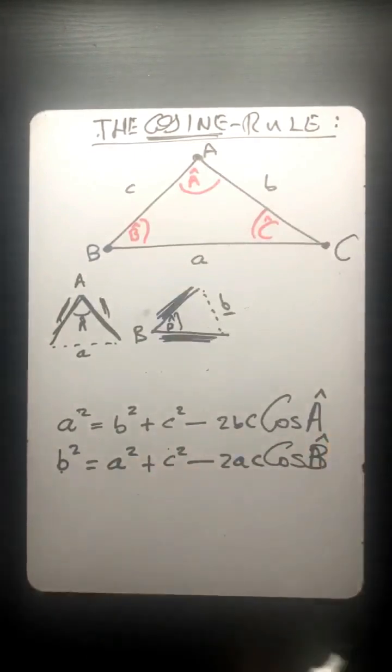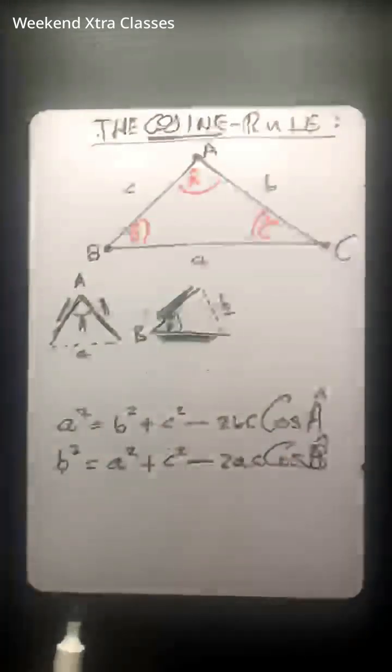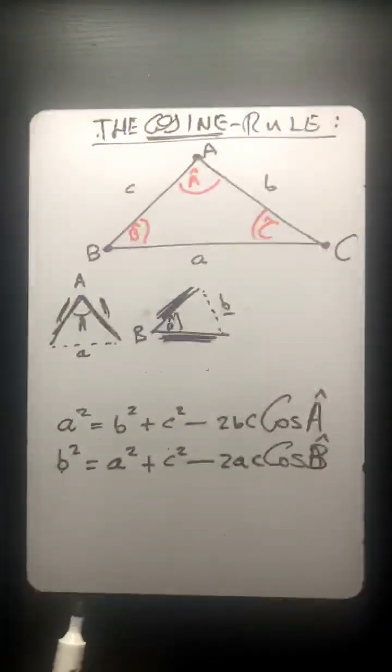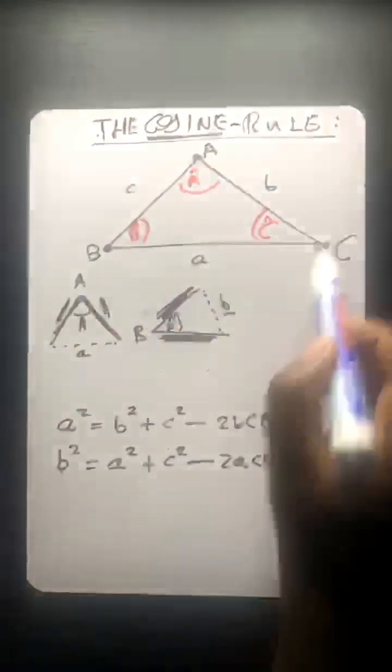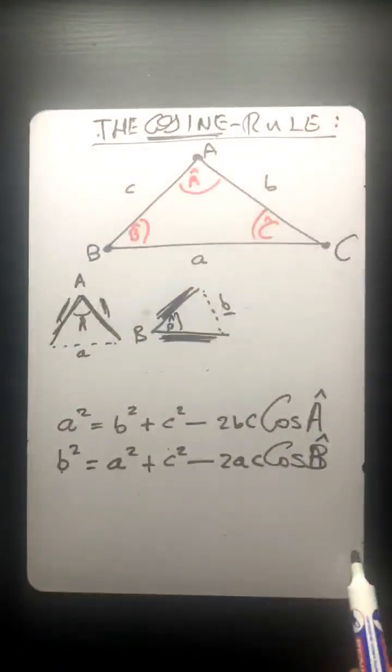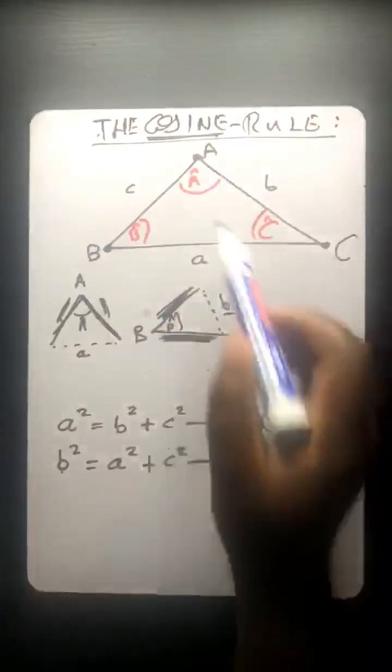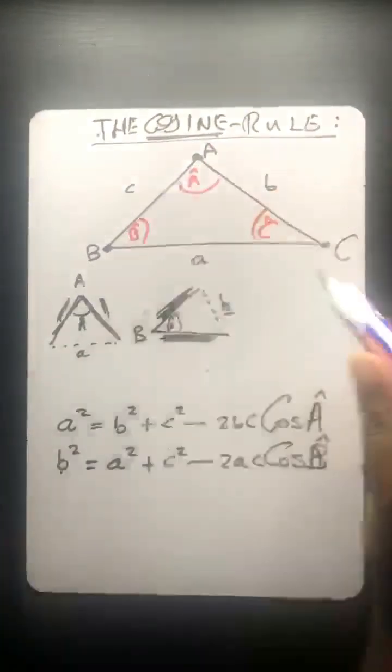Let's do it for the last time. Why the last time? Because remember, a triangle has 3 sides and 3 angles, so obviously 3 formulas. What if they want you to calculate that side? Let's quickly try it.